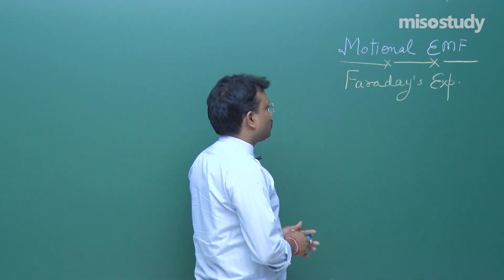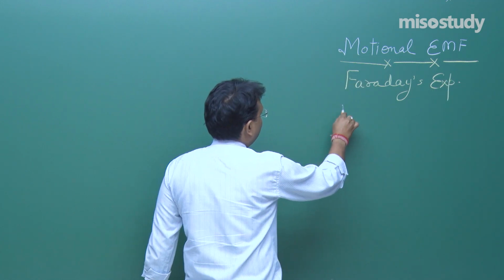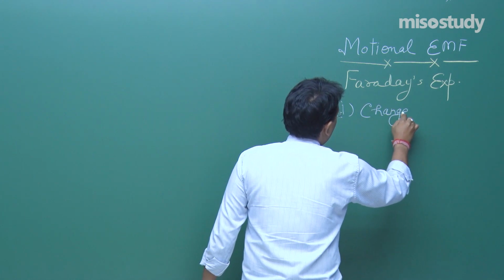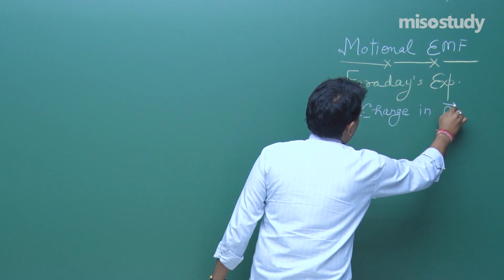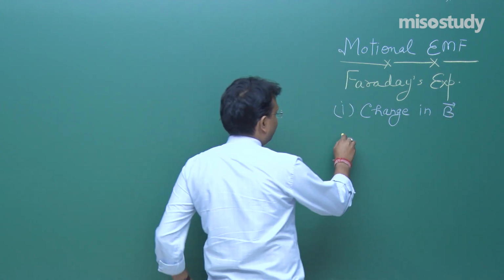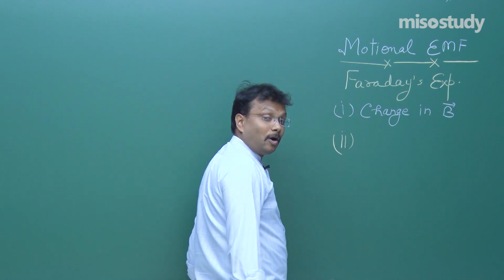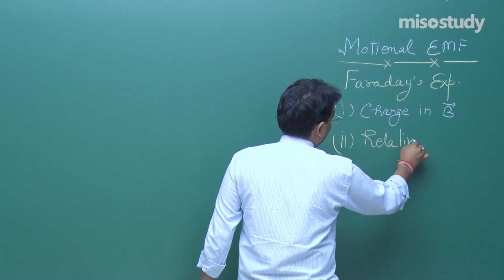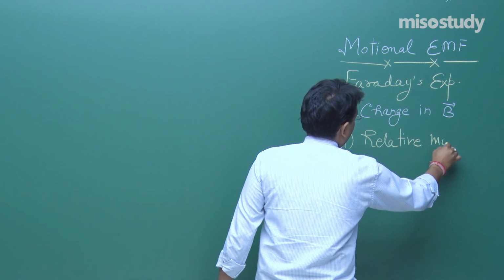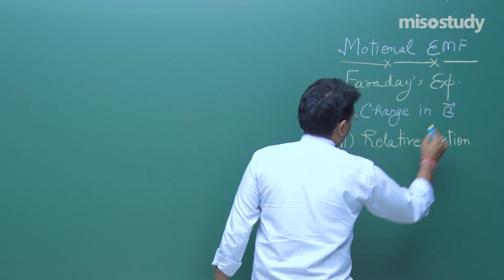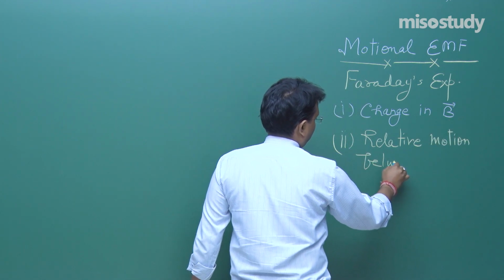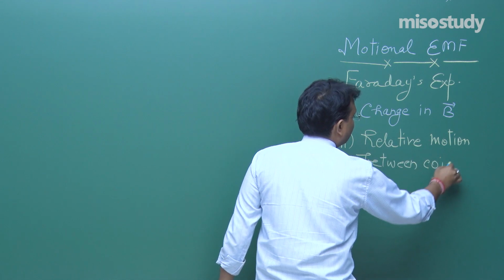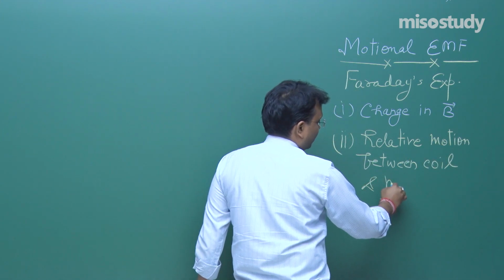On the basis of this Faraday experiment, one term was change in magnetic field intensity B, and second is relative motion between this coil and magnet.